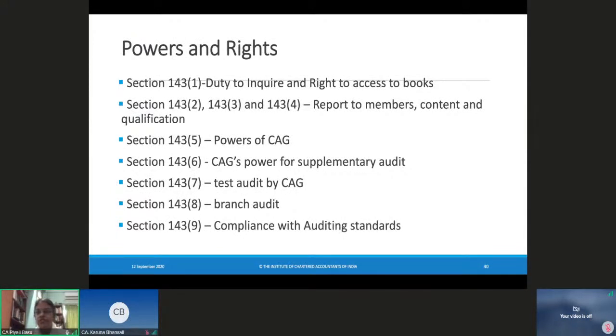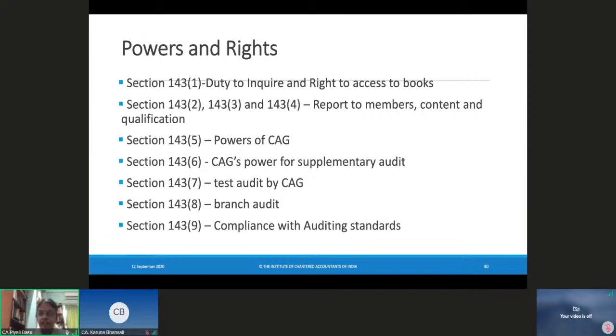And 143.2, subsection 3, subsection 4 talk about various things related to reporting: what would be the content of the report, and how we qualify or emphasize matters based on our judgment and identification of issues of material importance.